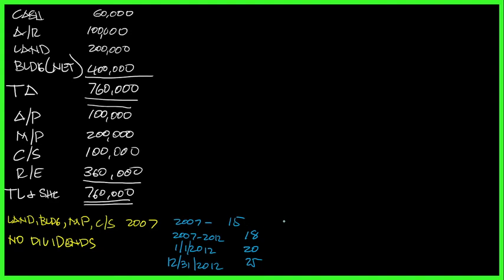Tapos magdagdag pa tayo dito. The weighted average for 2012, assuming that this year is 2012, ang average natin is 23. And then the beginning balance, which is translated, of our retained earnings is 3 million.